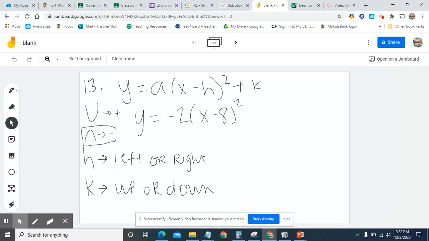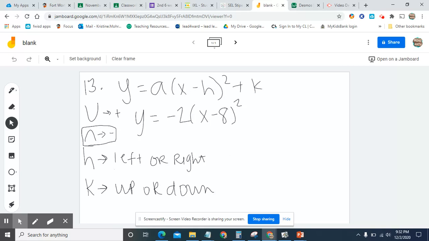All right, so we shifted right 8, so we have now x minus 8, because the formula says a subtraction. Don't get confused by that. It says subtraction, but when we shift right, that number is positive, so we just put a positive 8.